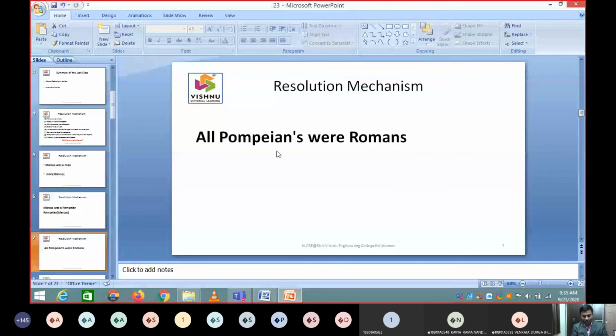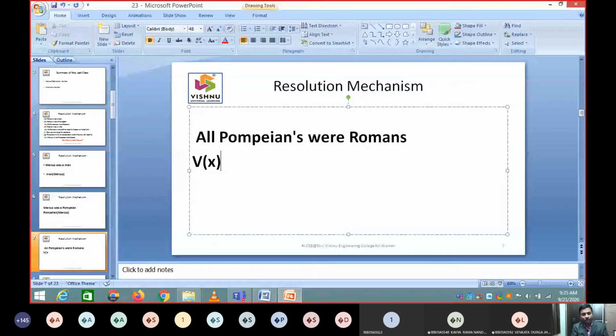So if you are a Pompeian, the meaning is you are a Roman. This is what we have seen for the last two classes. Yesterday also we did the same problem. Today also we are doing it faster. But after some point you need to convert this implication as per the discussion that we have done today.